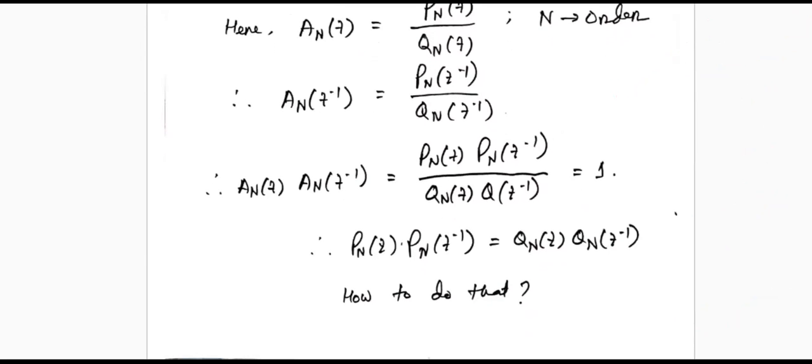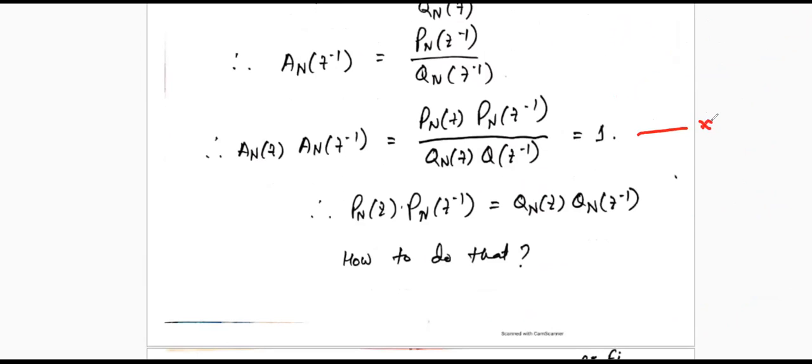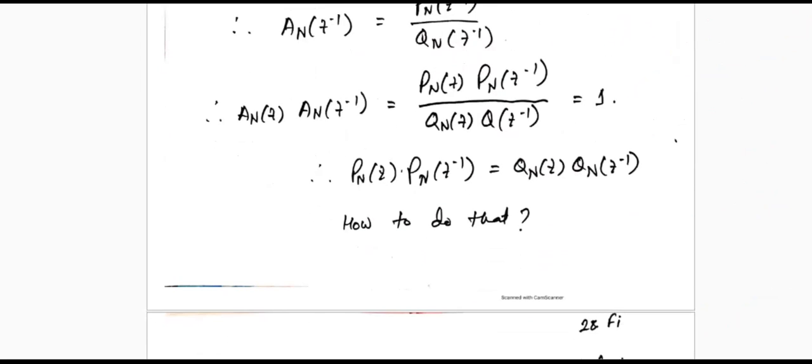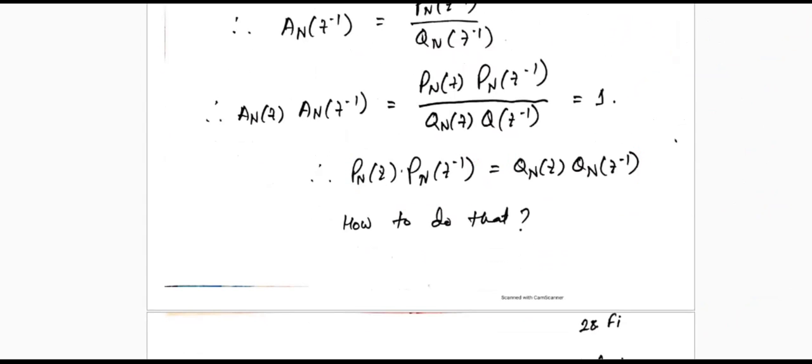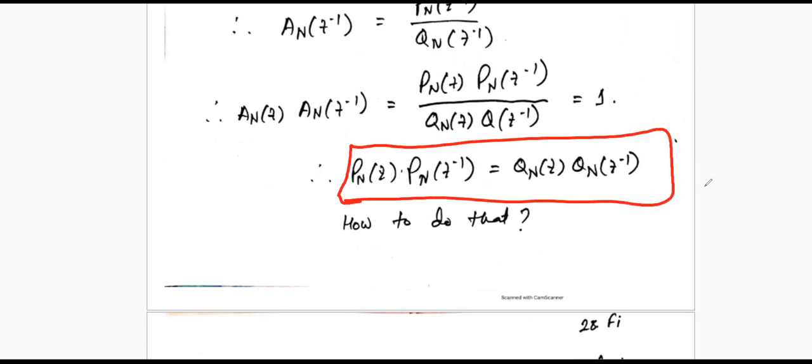Okay. Now from this equation, let's say this is star. So from that equation, we can derive this relation between the zero locations and the pole locations. Okay, if we can do that, of course, by doing this, we can understand what is the value of P_n(Z) and what is the value of Q_n(Z).